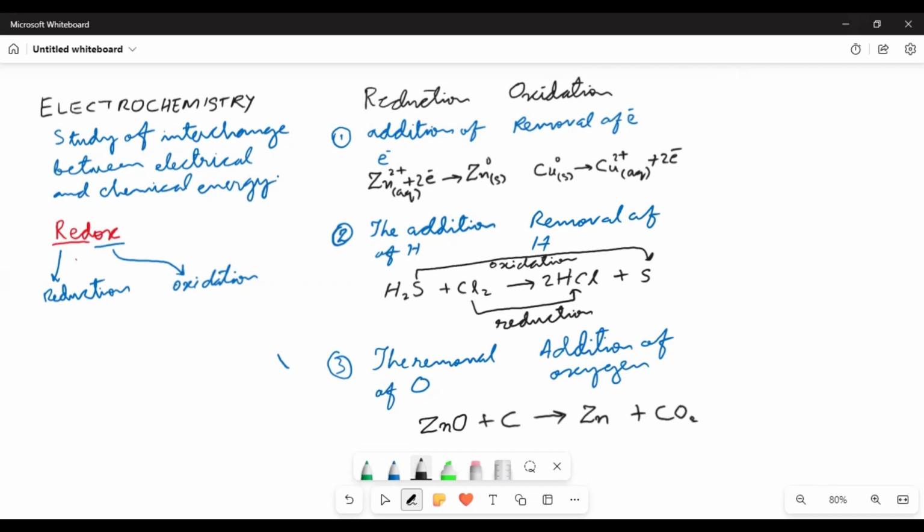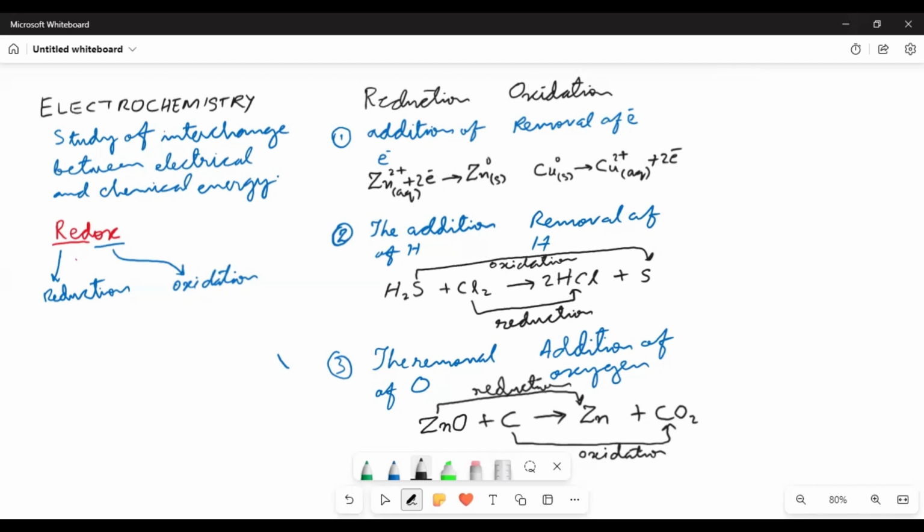If you look carefully at this equation, oxygen is added to the carbon atom, so carbon is being oxidized. This is the oxidation reaction. While oxygen is removed from zinc, so this is the reduction reaction.